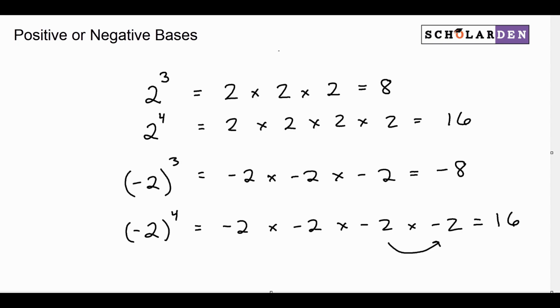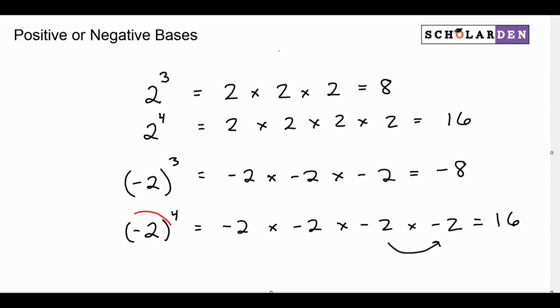What's going on? Well, I'll show you the rule. When you have a positive number to an odd power, you get a positive number. When you have a positive number to an even power, you get a positive number. When you have a negative number to an odd power, you get a negative number.